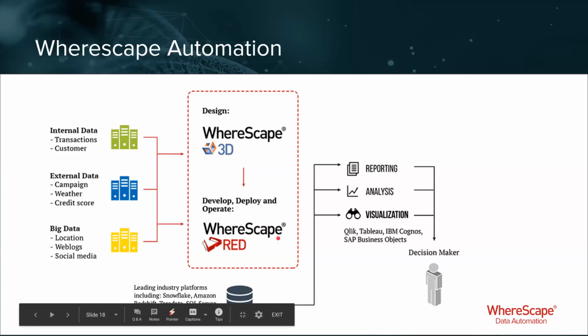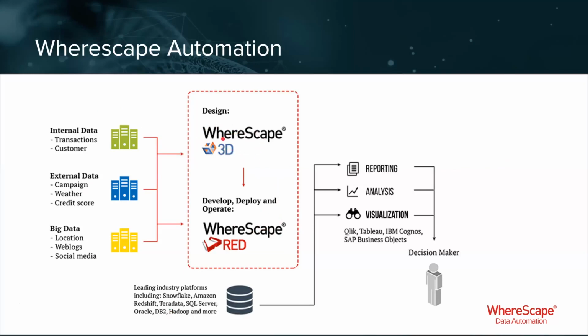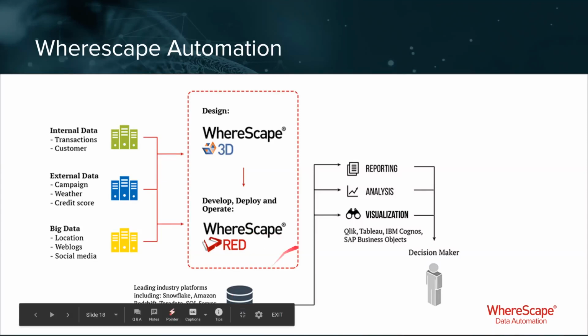The design product, 3D, can then push designs into WhereScape Red and build the framework or infrastructure for building, maintaining, and automating these data platforms that are the target.